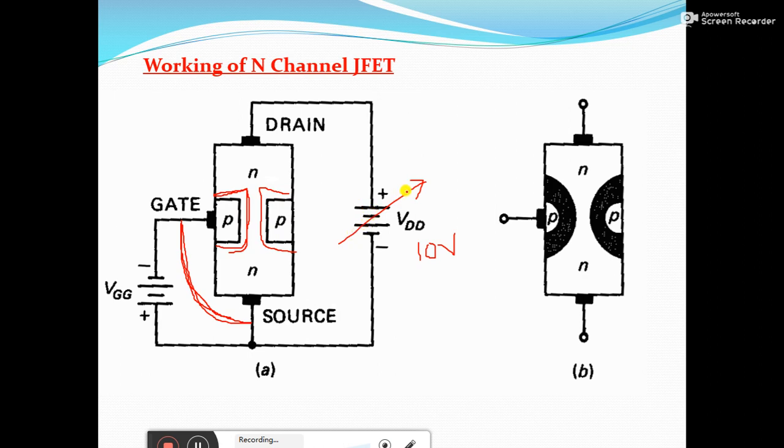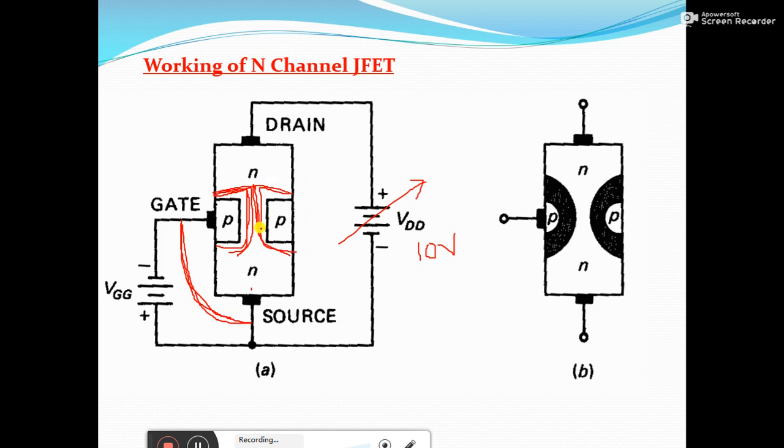As we go on increasing the VDS value further, the depletion region spreads more towards the drain terminal rather than the source. At some point, as VDS increases further, these two depletion regions close the channel here. So whenever they close the channel, the electrons that are emitted from the source can't travel and can't reach the drain.